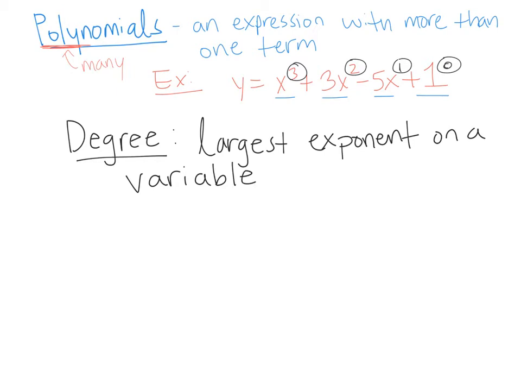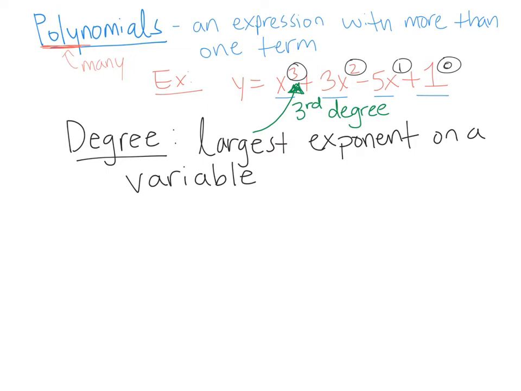The largest exponent on a variable. So, for example, with that example that I just wrote up there, the largest exponent on a variable is that 3 right there. So this guy is a third degree polynomial. You could also say it has a degree of 3.